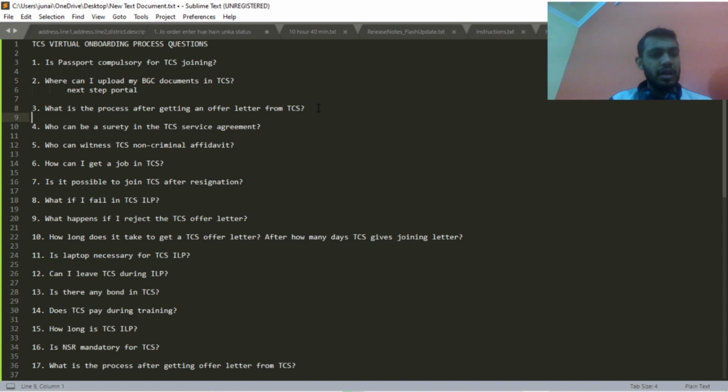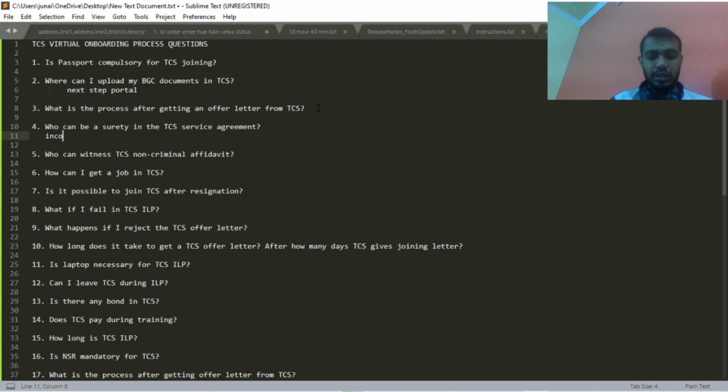Now the fourth question. Who can be a surety in the TCS service agreement? A surety can be your blood-related person, or your neighbor, anyone whose income is greater than 3.5 LPA.